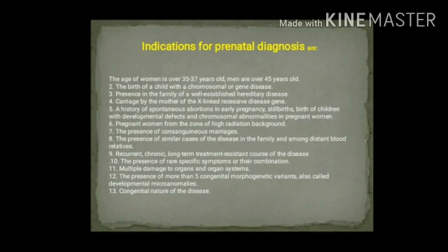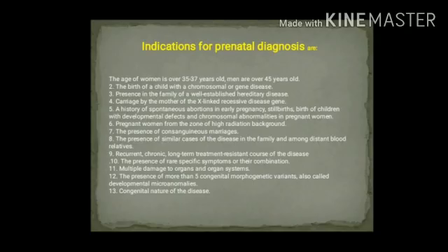Carriage by the mother of an X-linked recessive disease gene. A history of spontaneous abortions in early pregnancy, stillbirth, birth of children with developmental defects and chromosomal abnormalities in pregnant women. Pregnant women from the zone of high radiation background.